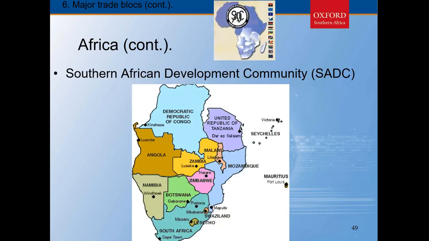Okay. An important one in South African terms is SADC, the Southern African Development Community, of which South Africa forms a prominent role, but it's the whole of Southern Africa up to the Democratic Republic of Congo and Tanzania.